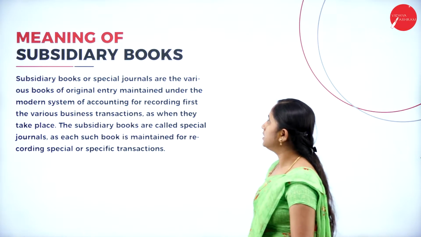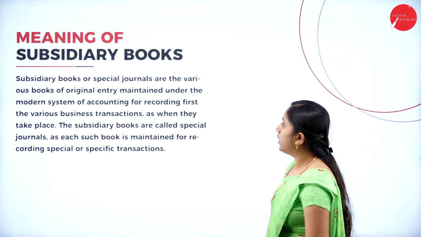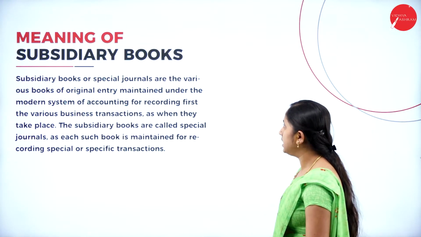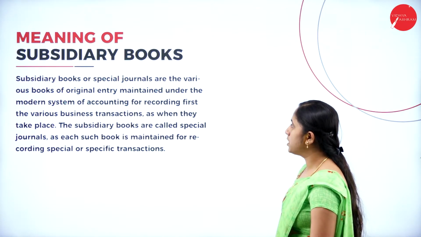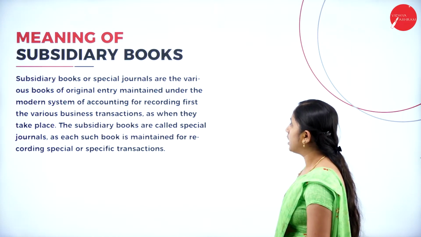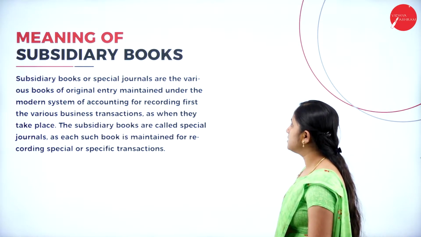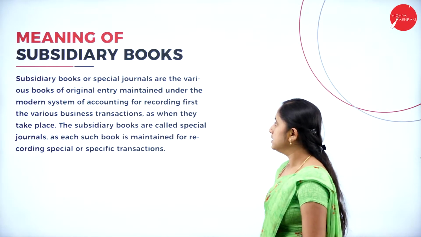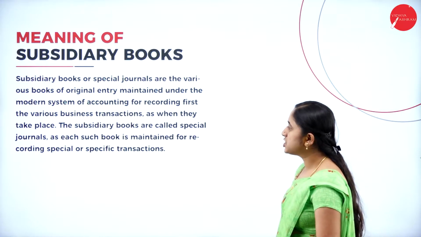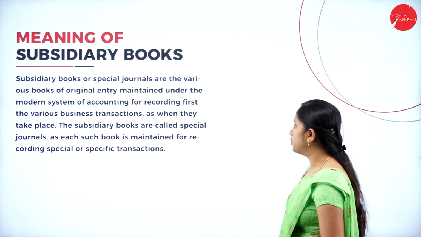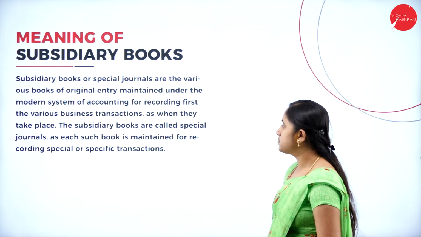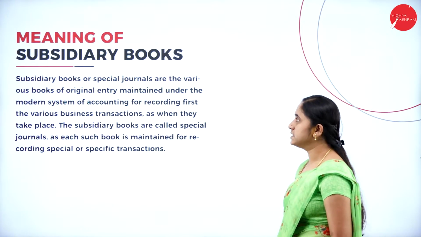Subsidiary book or the special journals are the various books of original entry maintained under the modern system of accounting for recording first the various business transactions as when they have taken place. The subsidiary books are called special journals, as each such book is maintained for recording special or specific transactions.